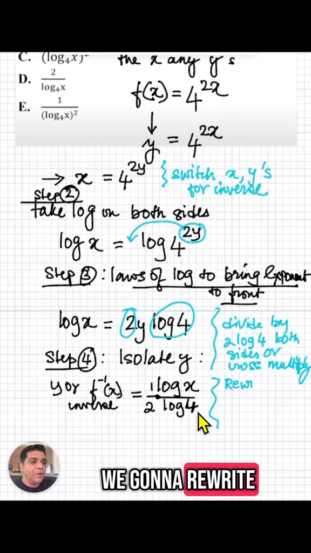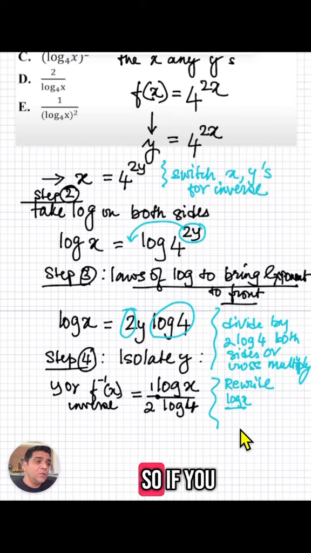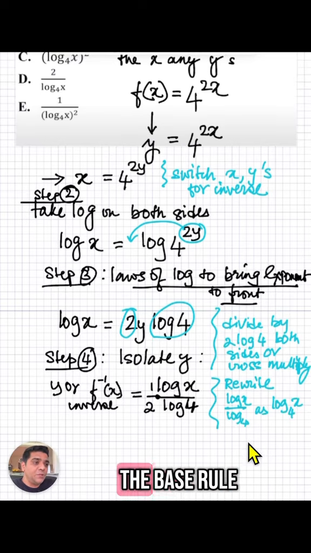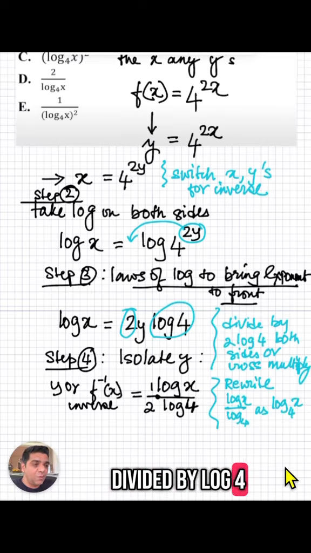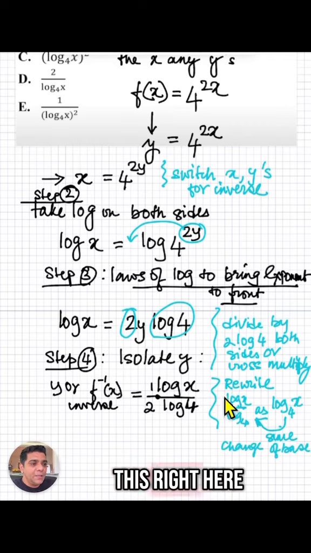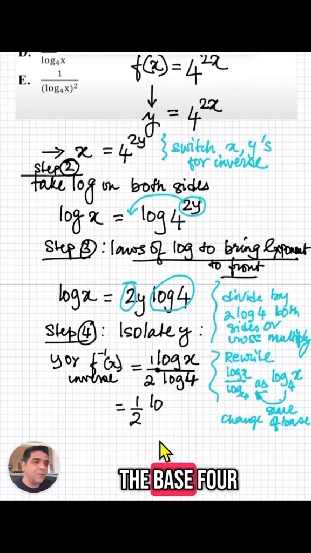Now we're going to rewrite this using the change of base rule in reverse. So if you remember, what does the change of base rule say? If you have log x divided by log 4, you can write it as log x to the base 4. So we are taking this right here and rewriting it as log x to the base 4.